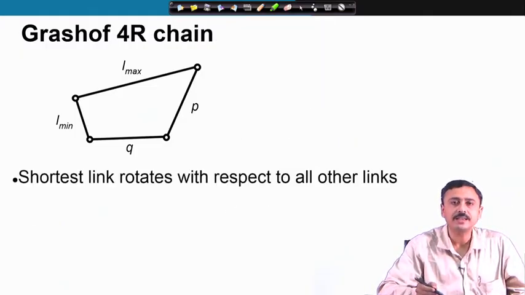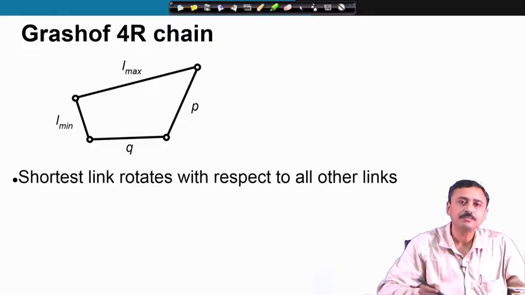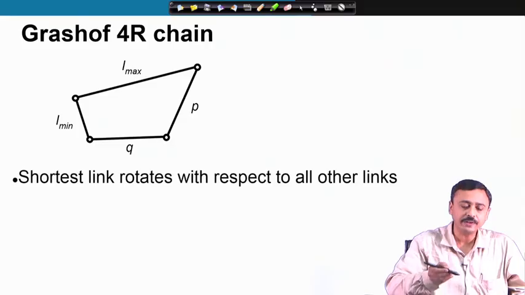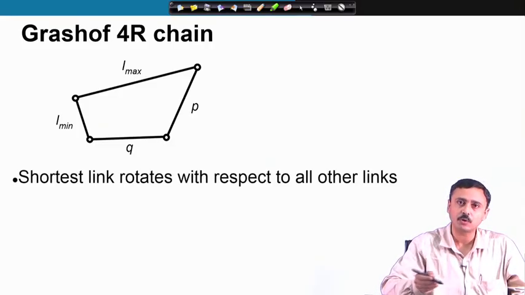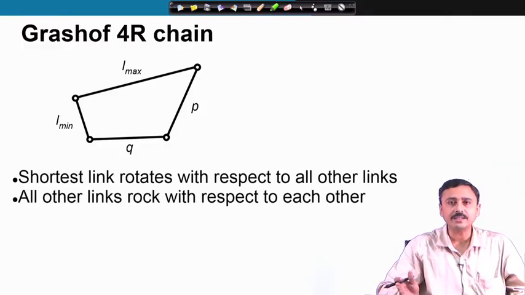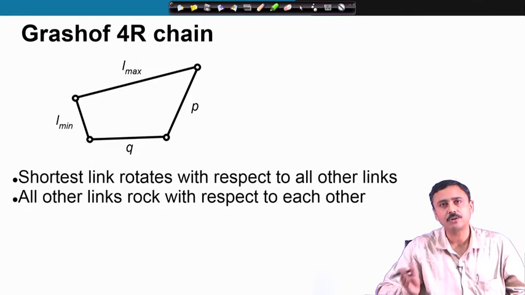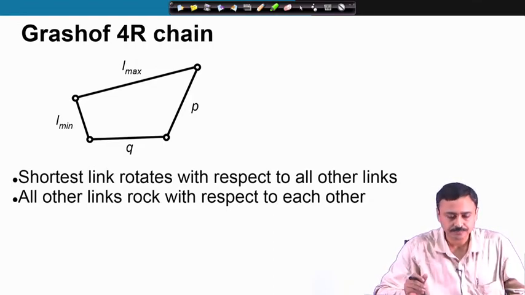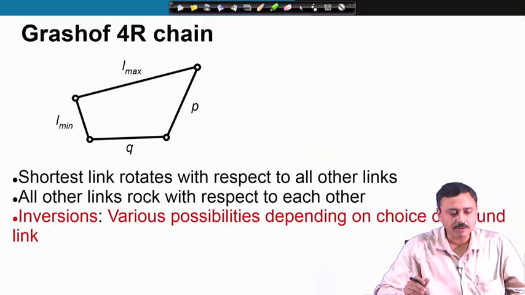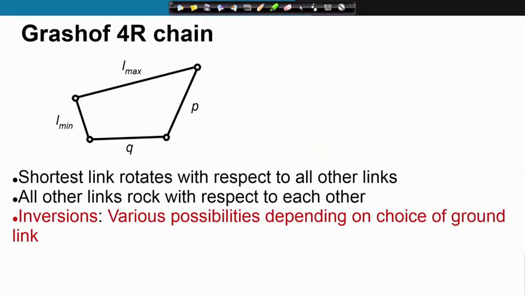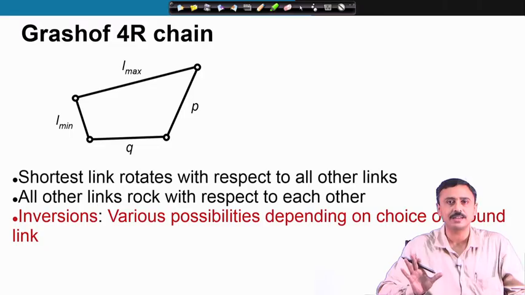Now, this shortest link, since it can rotate continuously with respect to a link, can rotate continuously with respect to all other links, and the other links will all rock with respect to each other. I will also introduce this concept of inversion. So, inversions are the various possibilities that arise depending on the choice of the fixed link.